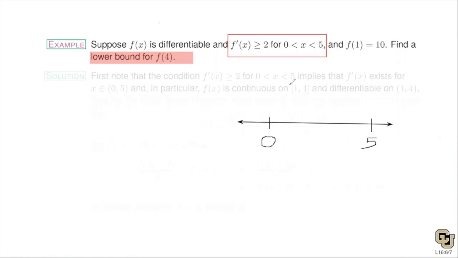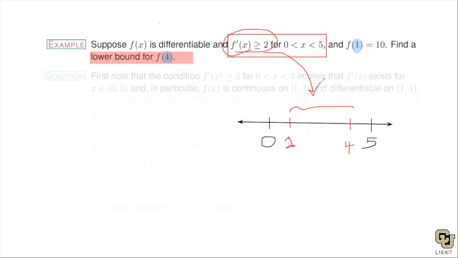One thing we should notice, and this is certainly not a coincidence, is that they tell us information about f of 1, and they're asking about what's happening at f of 4. And it's not by coincidence that 1 and 4 are in between 0 and 5. So 1 and 4 are in this region where the derivative is greater than or equal to 2.